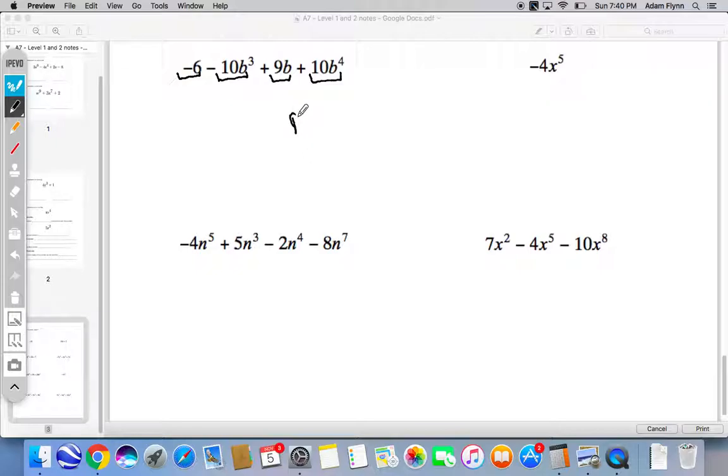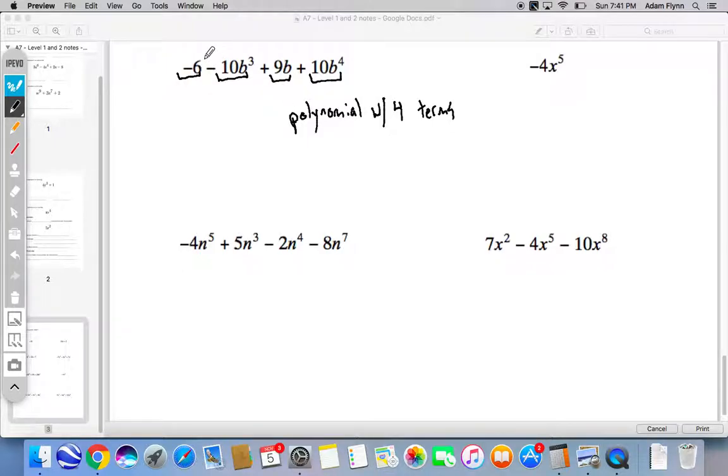So we'll just call it a polynomial, but we have to describe it. So this one has 4 terms. Just writing polynomial leaves it to the reader's imagination, which we do not want. We want to be explicit here. We want to describe exactly what it is. So this is a polynomial with 4 terms.